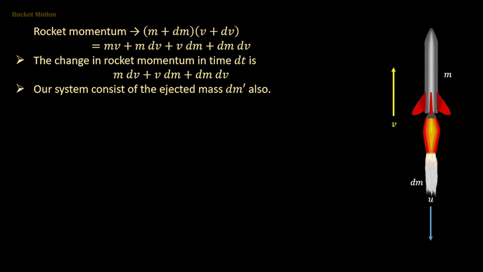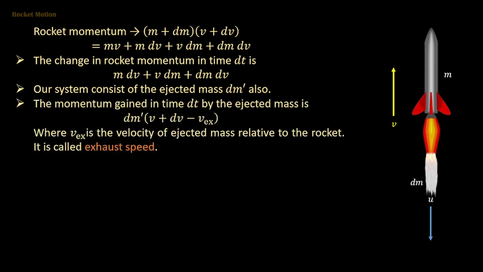So we now turn towards finding the momentum gained by the mass dm dash. The mass dm dash gains the momentum mass multiplied by its velocity. Now v plus dv is already the velocity acquired by the rocket when the mass dm dash has escaped from the rocket.